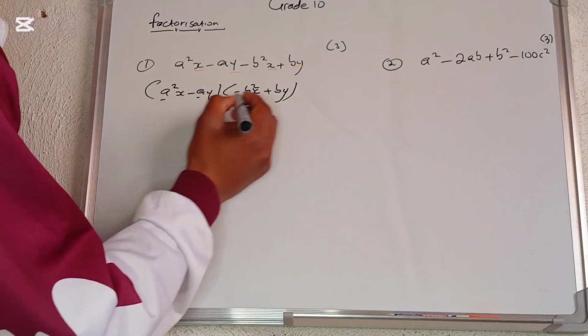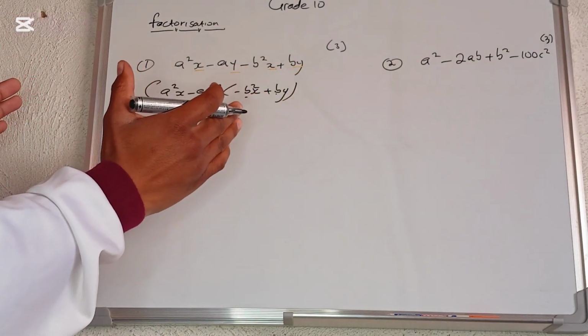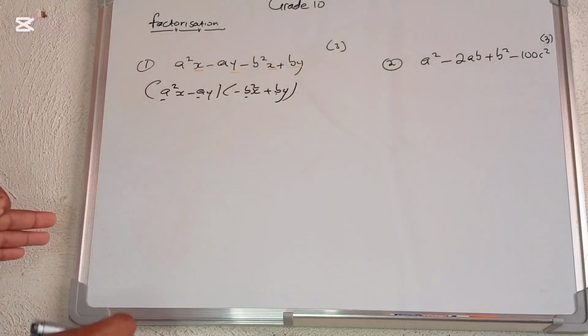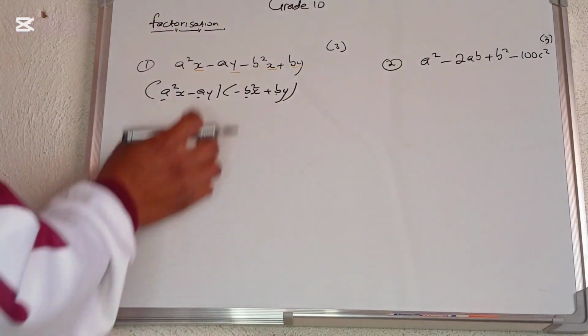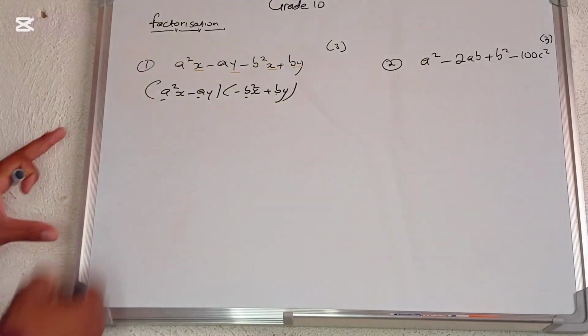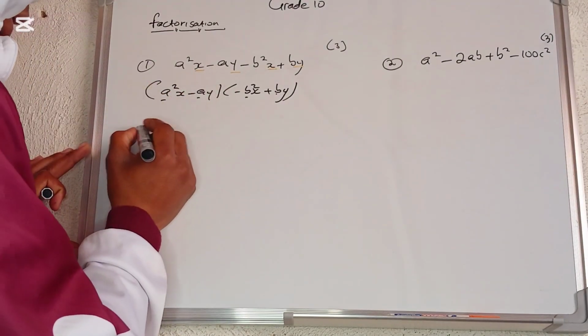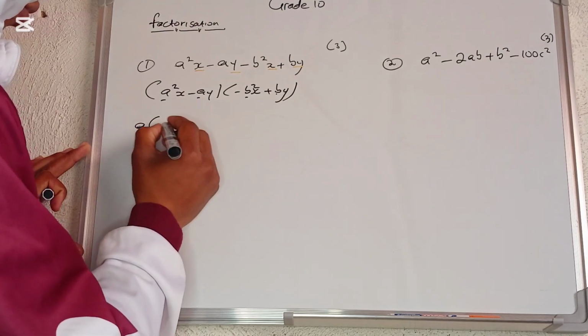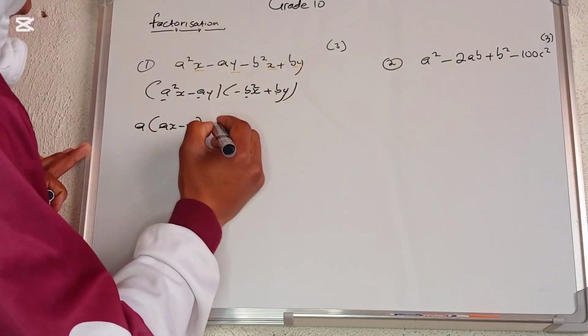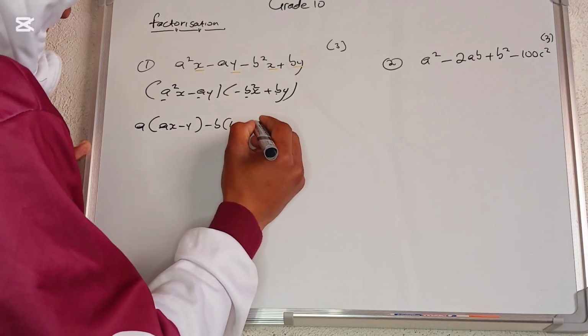We have a a, we have b b, so there's nothing common here. The only things common are x and y. Let me show you what I mean. When solving this, we take out a as our common factor, and we're left with ax minus 1, negative b, we're left with bx minus y.